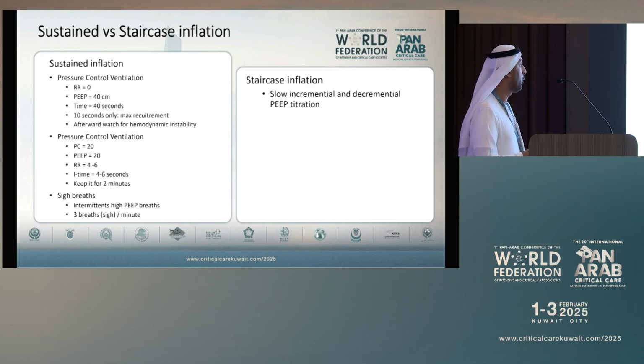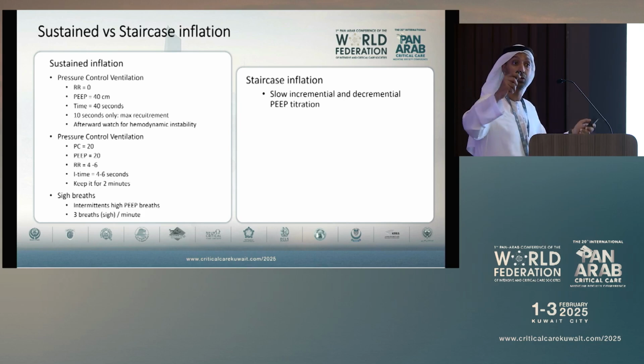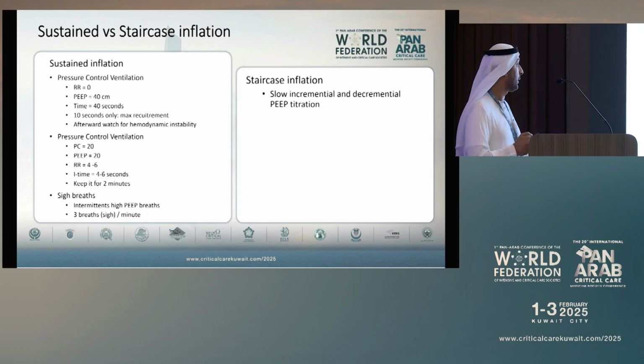Other people describe going to PEEP of 20 with peak pressure 20, decreasing the rate and increasing the inspiratory time to 4 to 6 seconds, so you're giving a very large, long breath with PEEP of 20 centimeters for 2 minutes. Less commonly, they describe what we call a sigh breath, which is very high intermittent PEEP. It's not practiced, but the other two are practiced widely.